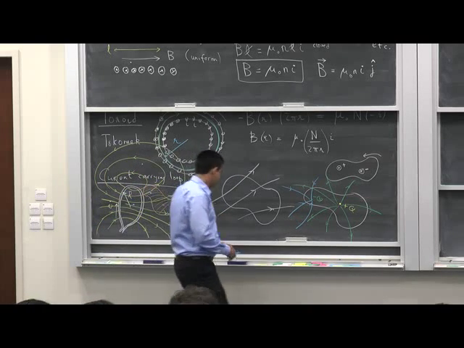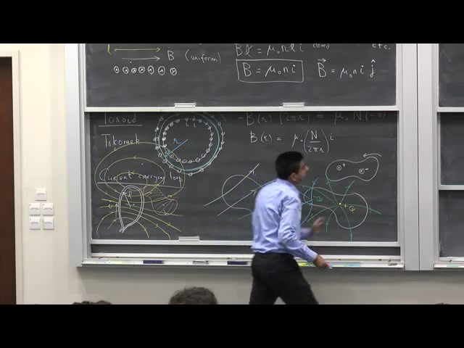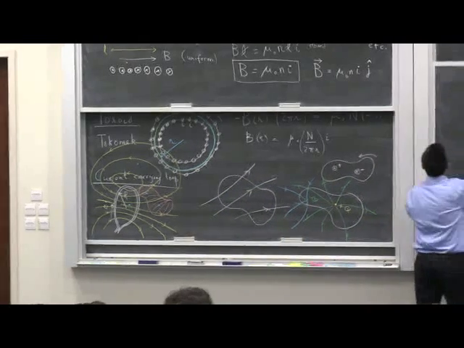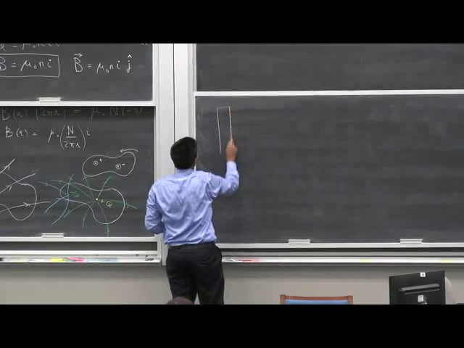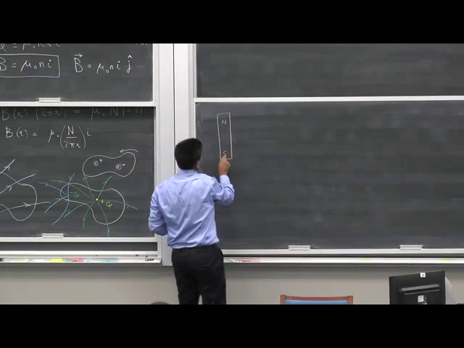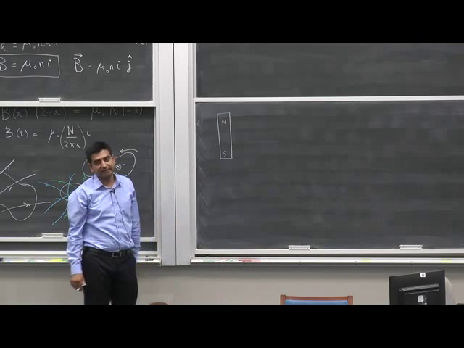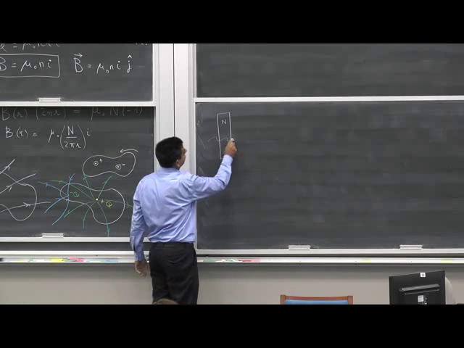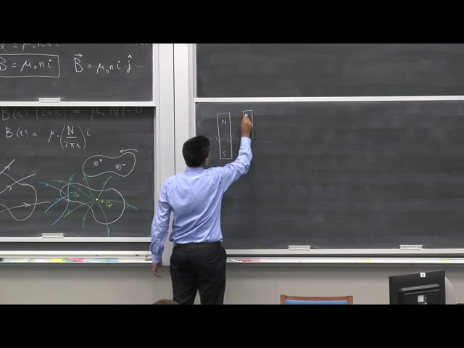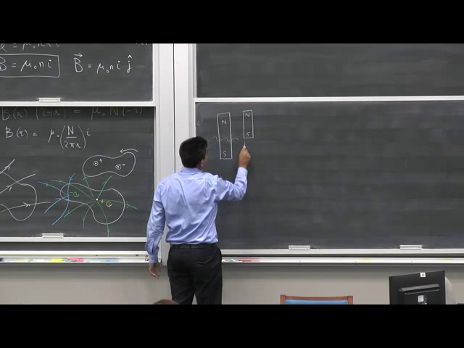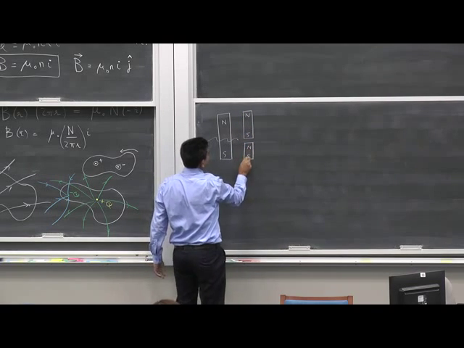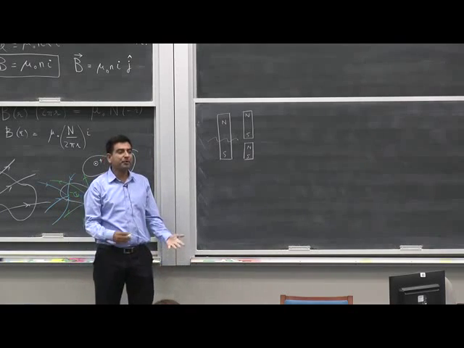You have a magnet with a so-called north pole and a south pole. Remember, this is a naive depiction of a magnet. A magnet isn't really like this. You break this magnet. There's a north pole and a so-called south pole here, a north pole and a so-called south pole here. You keep on breaking this magnet.